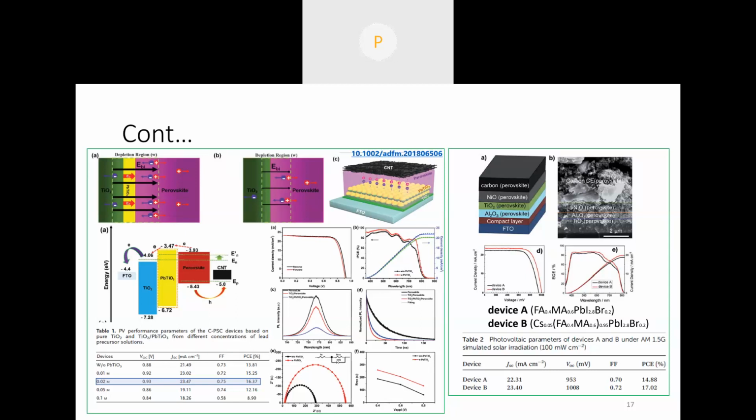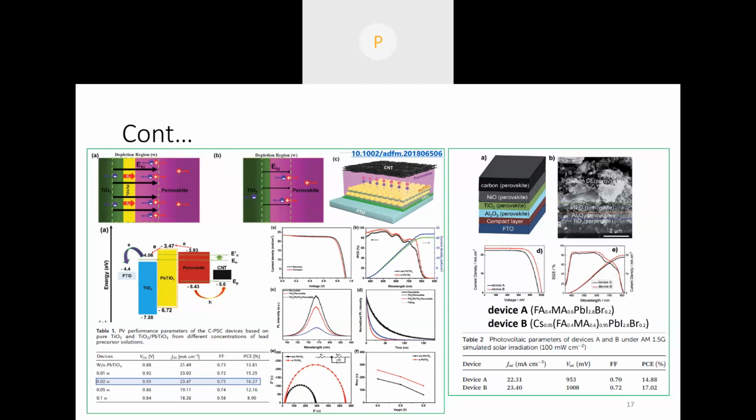This much fill factor is very hard to achieve in carbon-based solar cells. And they have shown all these things with the device performance analysis and the IPCE, showing how much light they are absorbing. Then the PL intensity is showing more quenching with the addition of this layer, indicating faster charge separation.